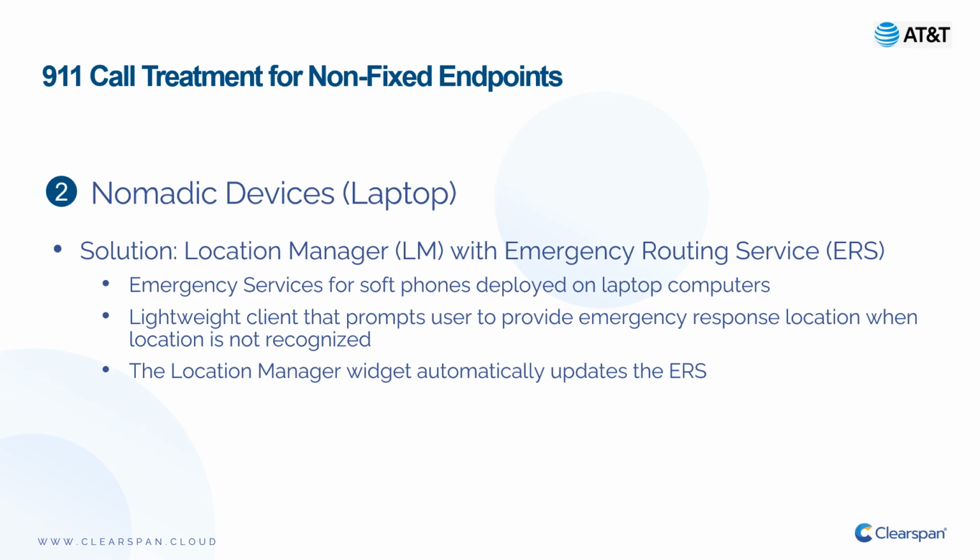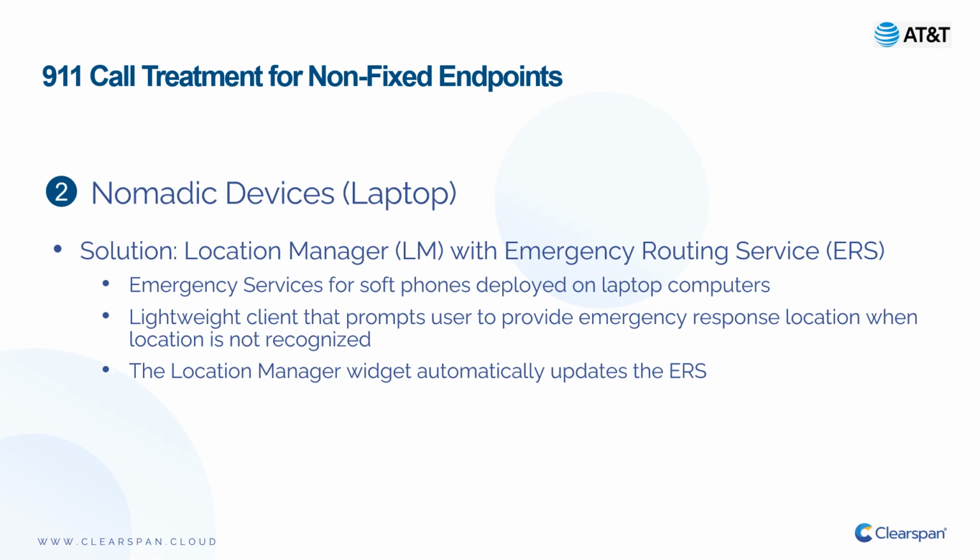When on-net, upon detection of a change in network connectivity, the Location Manager will update its network location to the ERS automatically. When off-net, upon detection of a change in the network connectivity, the Location Manager will prompt the user to provide location information.